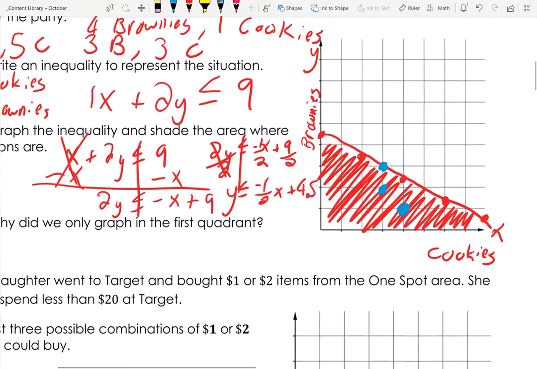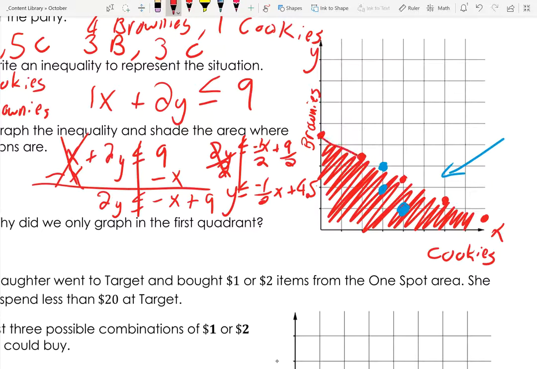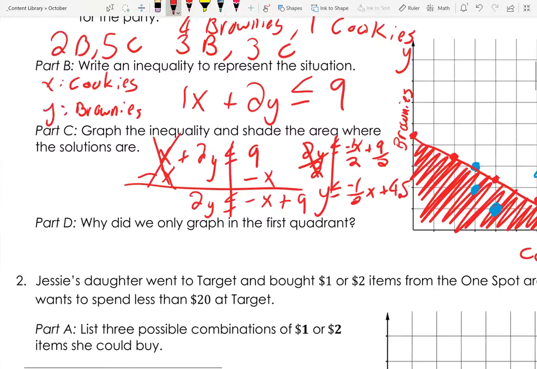So basically, anything that's on the line that I drew, that red line here that I'm overlapping in blue, anything that's on that line, I erased it, would use up exactly 9 eggs. Whereas everything below that line would use up less than 9 eggs, but that's okay. We can still do that. We don't have to use up all 9 eggs. And every ordered pair within that is a combination that we could theoretically make or bake.